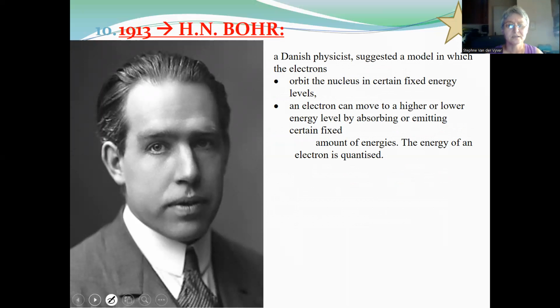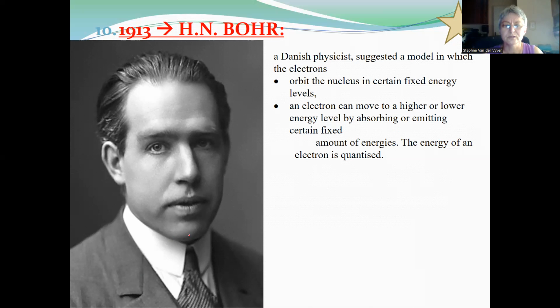Next guy is Niels Bohr. He was a Danish physicist, and he suggested that the electrons orbit the nucleus in fixed energy levels. Remember yesterday we said that the Rutherford model couldn't explain why the electrons stayed away from the nucleus, because the positive nucleus and negative electrons would attract, and this is not happening.